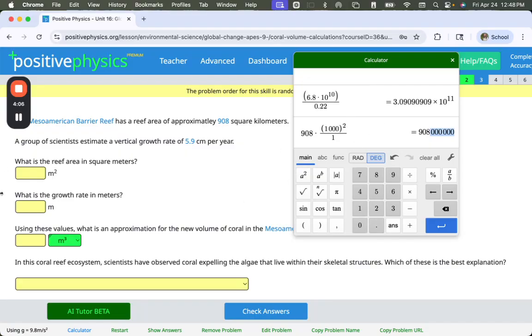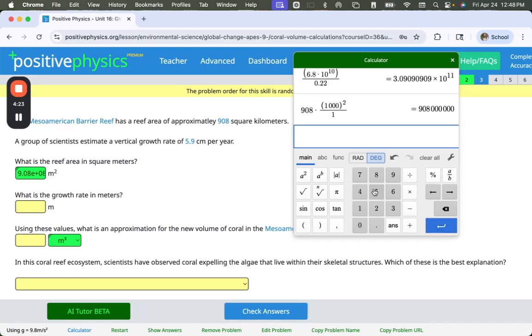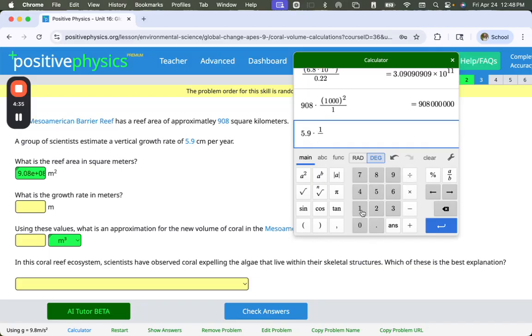So I have the square area is 9.08 E to the 8. And then the growth rate, so if I have 5.9 centimeters per year, I can do 1 meter is 100 centimeters, so 1 divided by 100 is the conversion factor that you can multiply by, so 0.059.